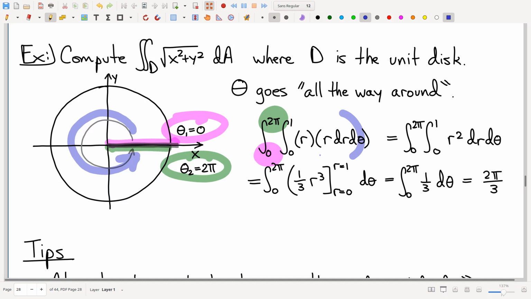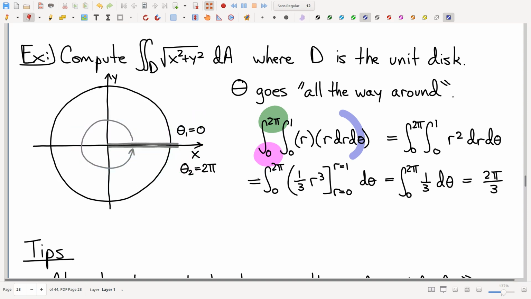You can also see, and this is a good thing to notice, we're responsible for, for any given fixed slice, in other words, for any given value of theta, we've got to think about what's the range of values of our next variable being r. So where does r start on that theta slice? Well, no problem. It starts right there, where r is clearly 0.